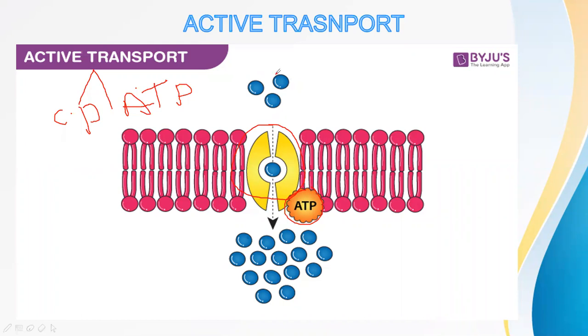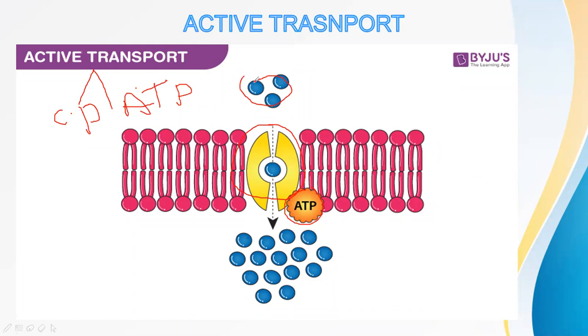Once there is no active transport, the cell will die, because the cell needs these ions and molecules for several metabolic activities. Once there is a lack of these ions, atoms or molecules, the cell will die.